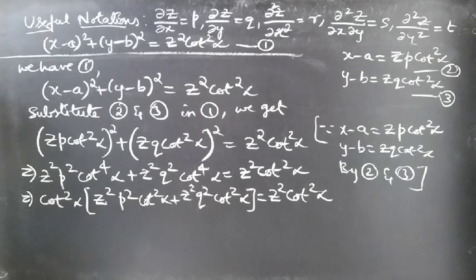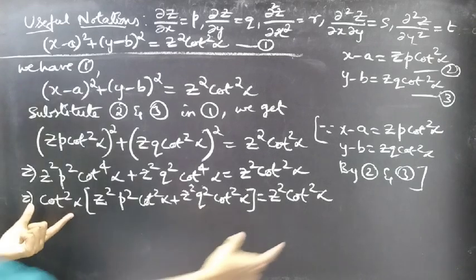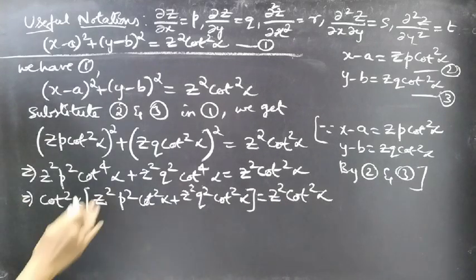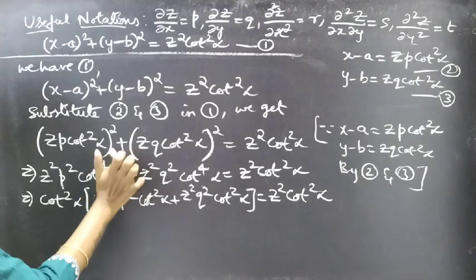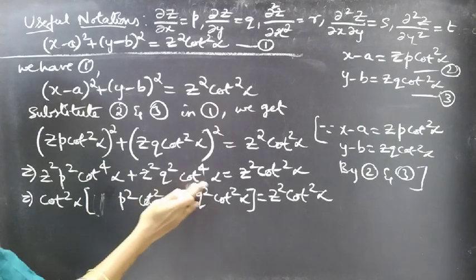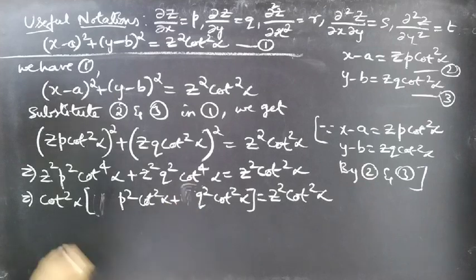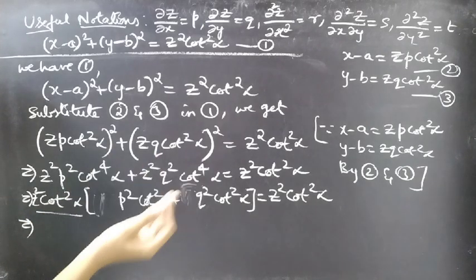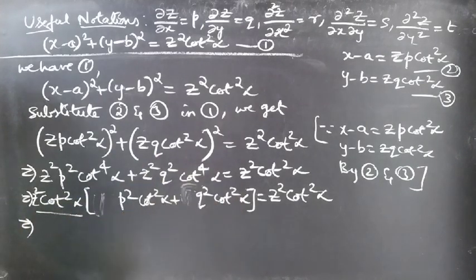Otherwise we can just take z square cot square alpha common. What happens if you take z square cot square alpha? It gets cancelled from the LHS and RHS. Okay, let's finish it in one step. Done. Now take this z square cot square alpha to the RHS, otherwise cancel it here itself.